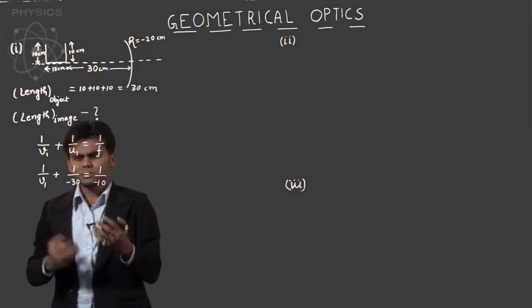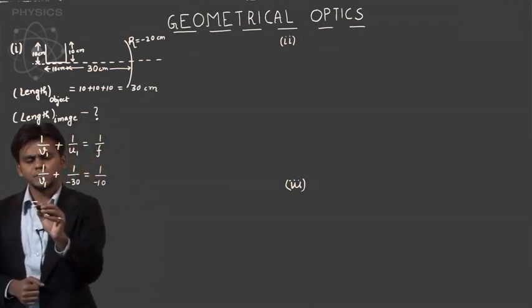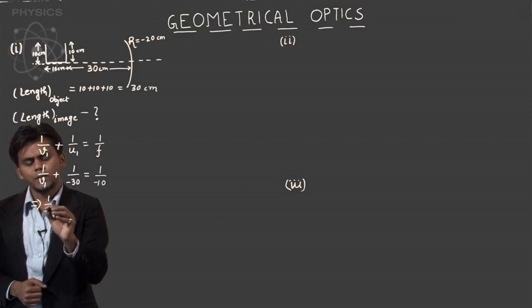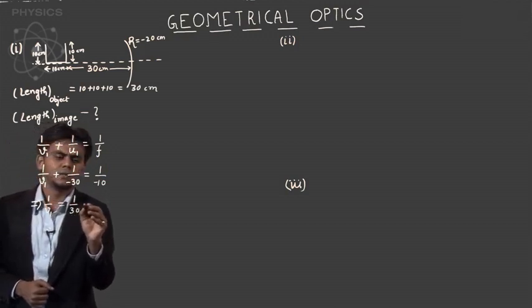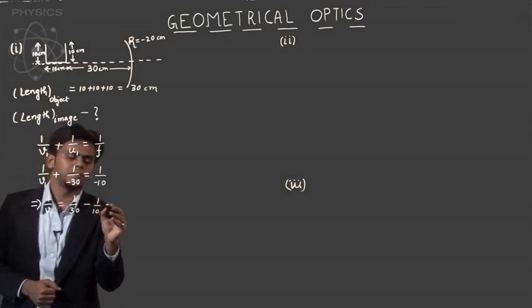What does this give you? This gives you 1 by V1 is equal to 1 by 30 minus 1 by 10.